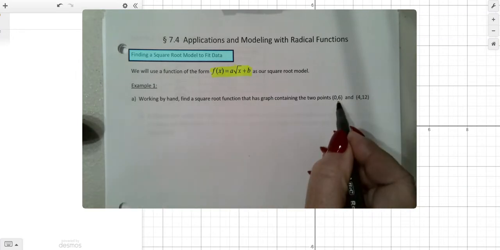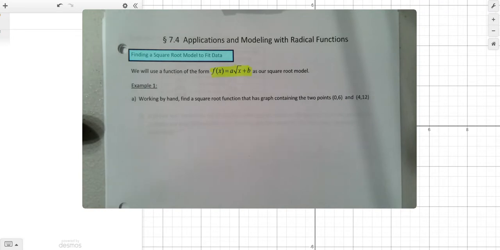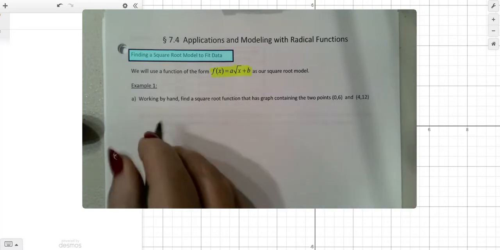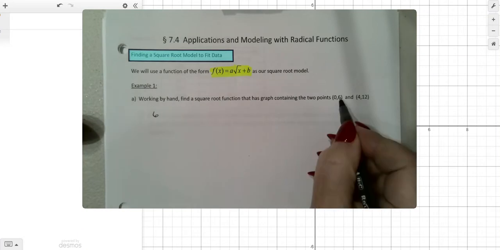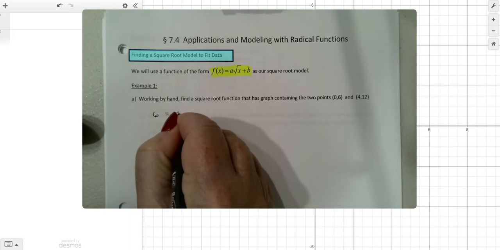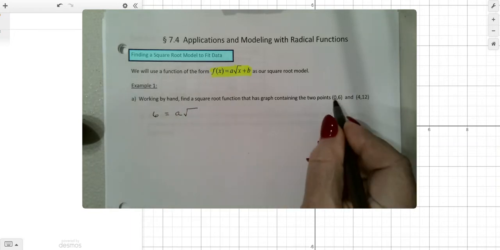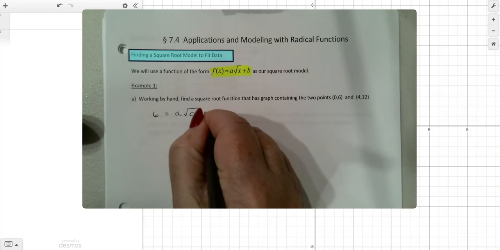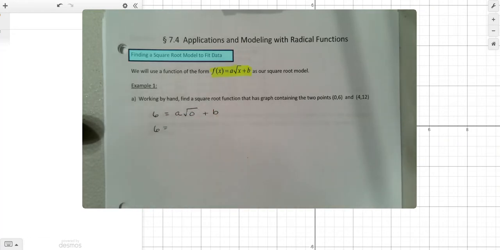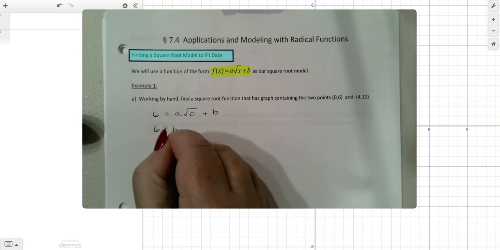The y-intercept is once again just going to be the b value. I'll show you that here, although we can use that as a shortcut later on as well. If I plug in the point (0, 6), so 6 for y or f of x, and 0 for x, a times 0 is just 0, so I simply have b equals 6.